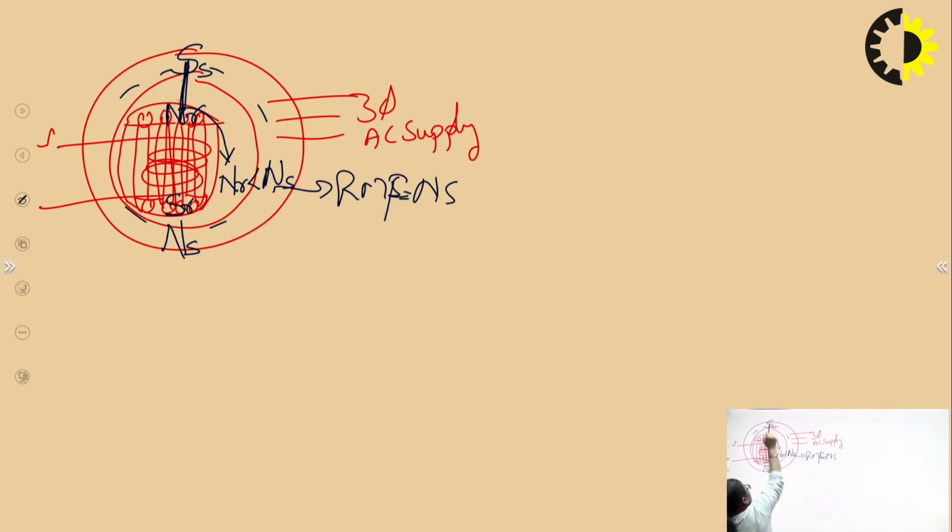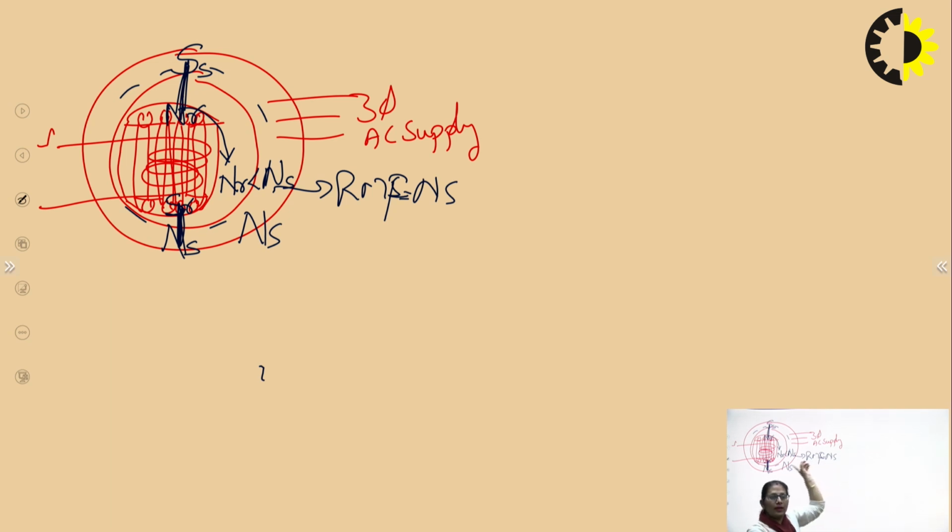There will be a magnetic locking between the stator and rotor poles. Once the magnetic locking occurs, the rotating magnetic field will drag the rotor into synchronism and make the rotor rotate with the same speed as ns. Now, it will continuously rotate with the speed of ns. That is what is required.